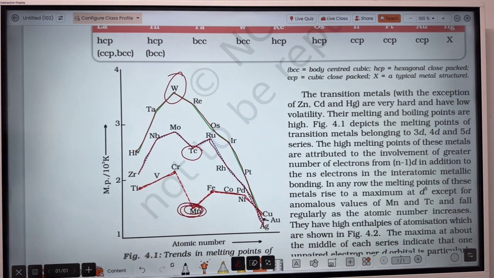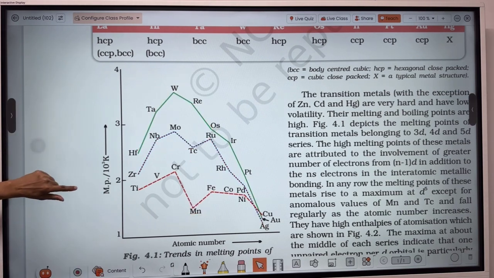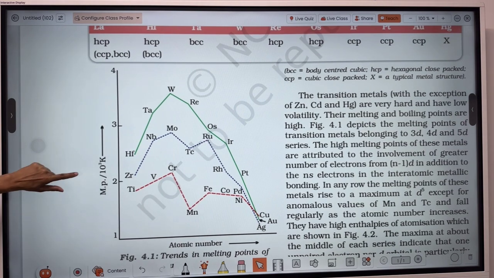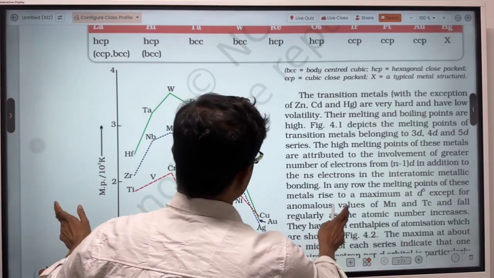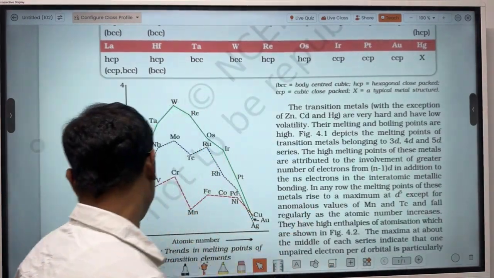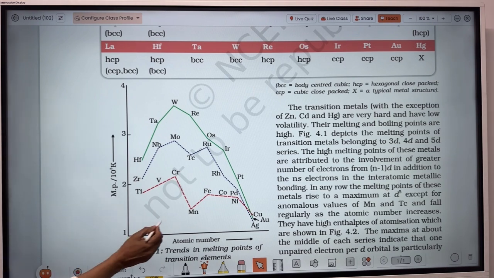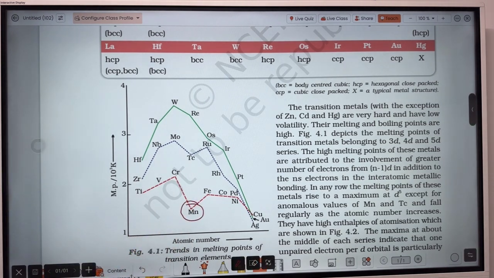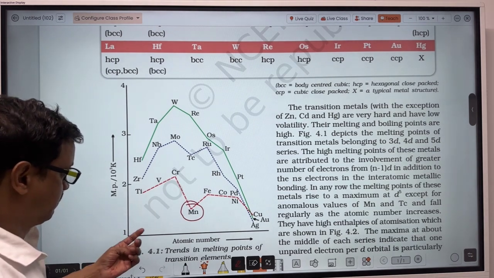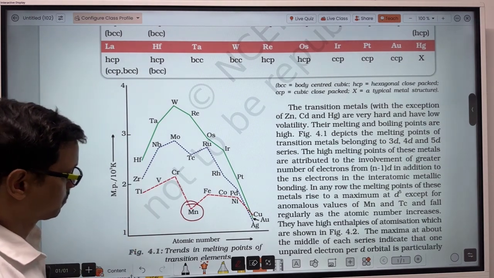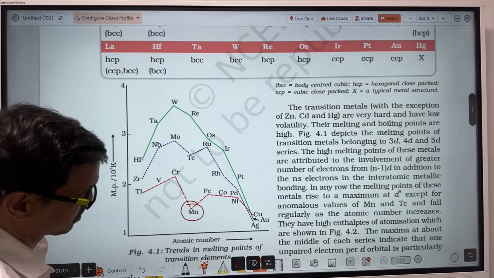Another question was: which element shows the highest number of oxidation states? Among the 3d series, which element shows the maximum number of oxidation states?